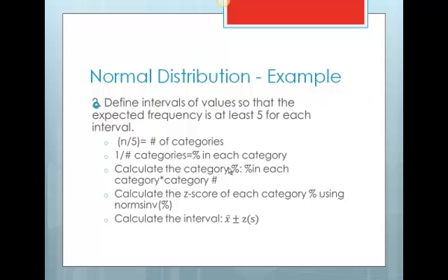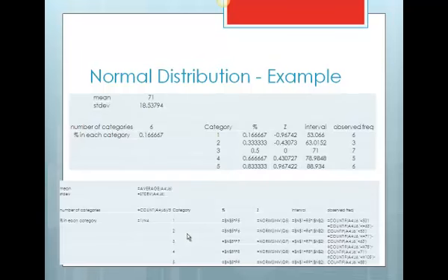Then you're going to use that to calculate the z-score of each category using your norm inverse. And then you're going to put this together into this equation to calculate the upper and lower bounds of each interval. So let's look at our example here. We'll figure out the number of categories and the percentage in each category.